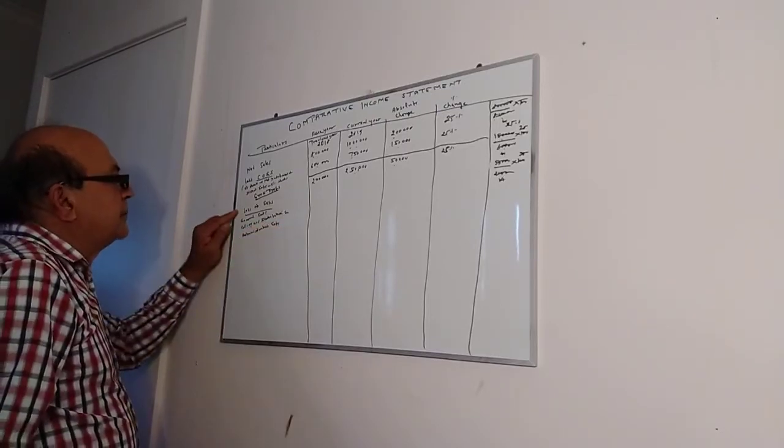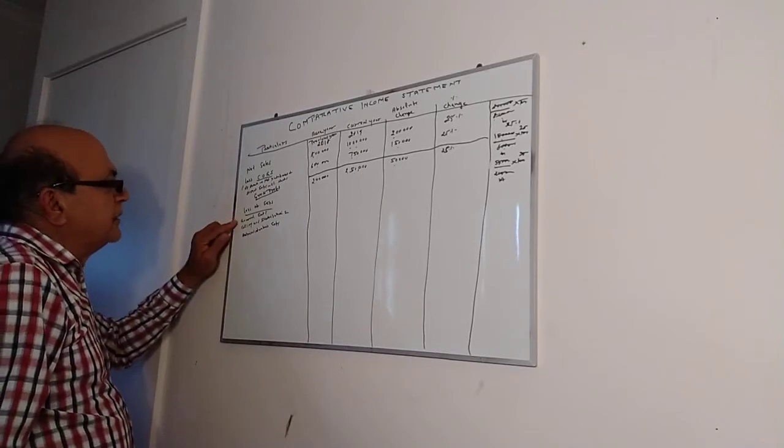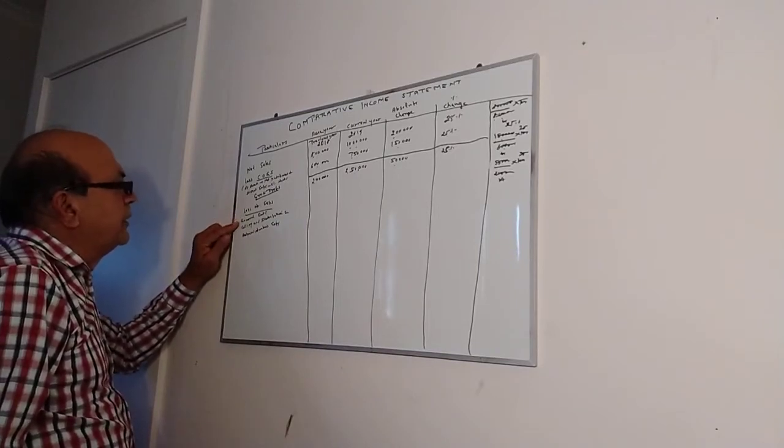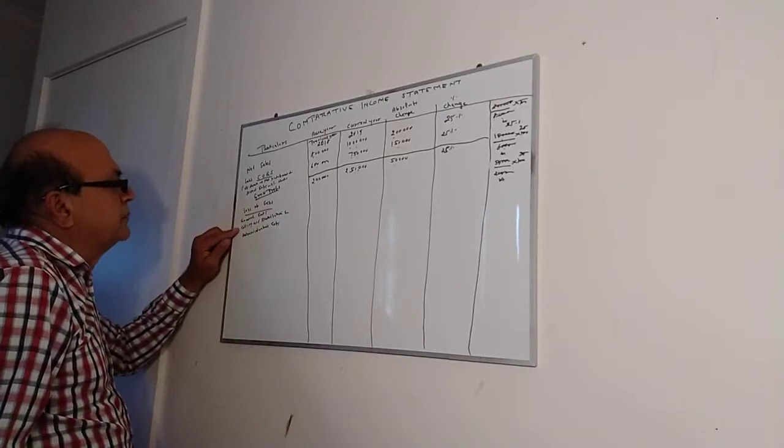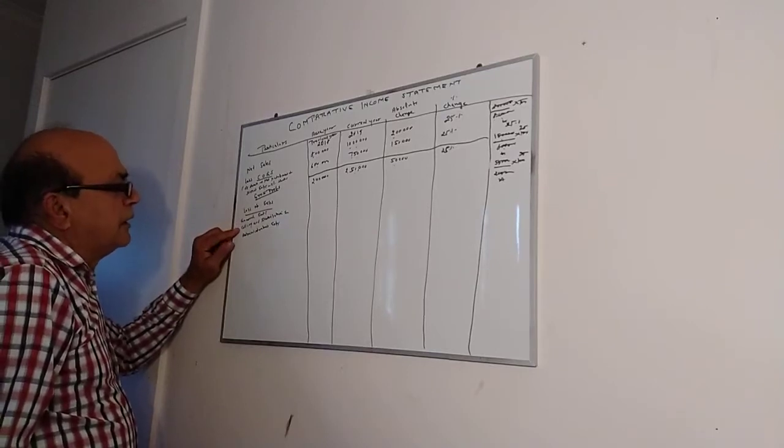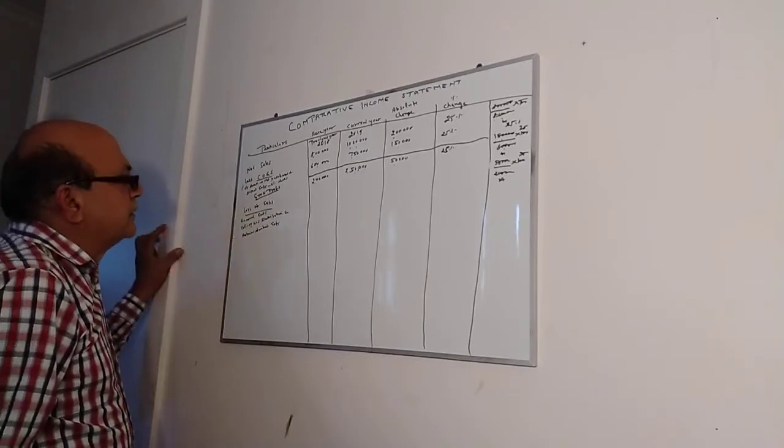Again, listen: less operating expenses. In operating expenses, we include general expenses, selling and distribution expenses, and administrative expenses.